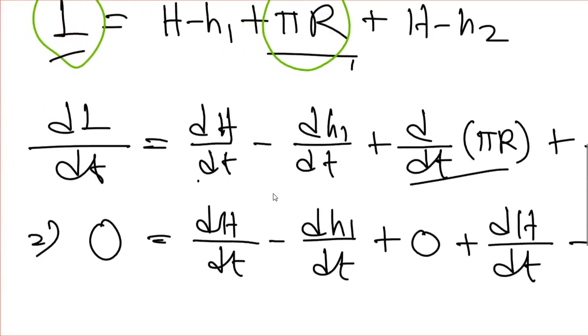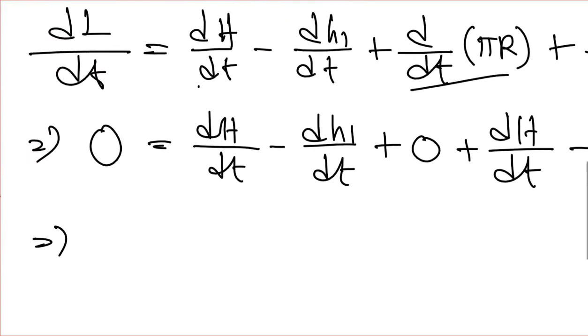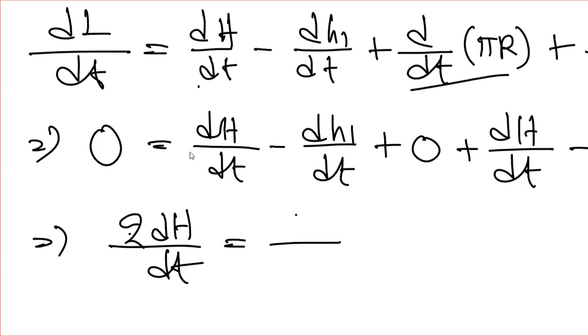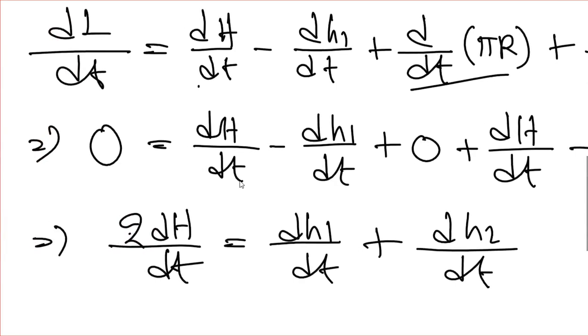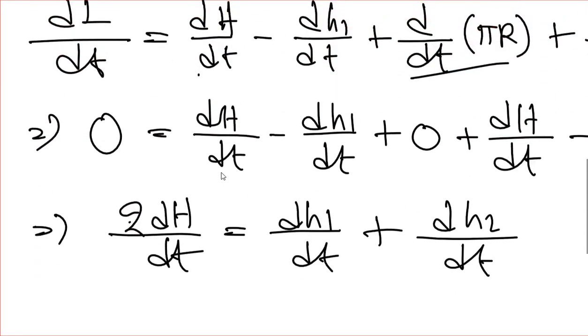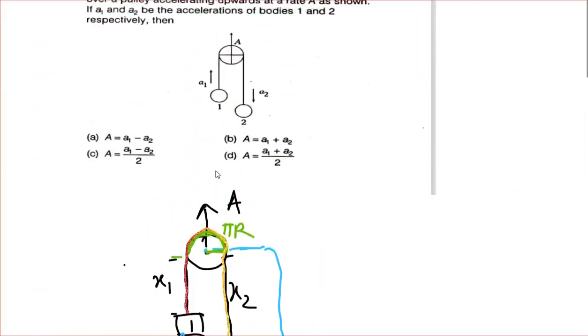Okay, so now it will be 2 dH/dt equal to dh1/dt plus dh2/dt. Now here we have to come to this form.